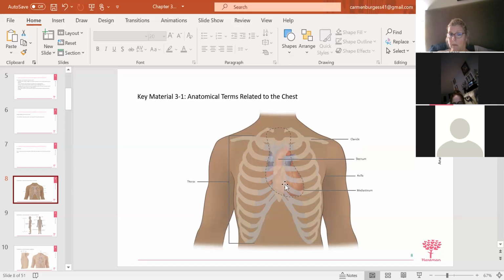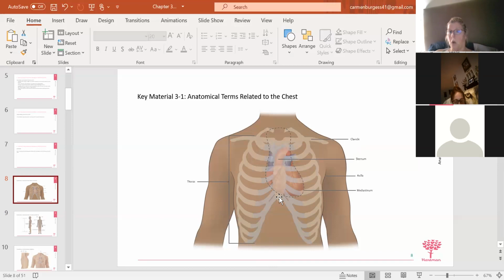And the sternum, have y'all heard that before? That's this breastbone here. And if you feel it, it goes down and then it stops. You can feel where that is, because when you're placing your electrodes, when you're doing EKGs, you are going to feel for that on a person, and everybody's size and their chest is different. So you'll have to feel for that.